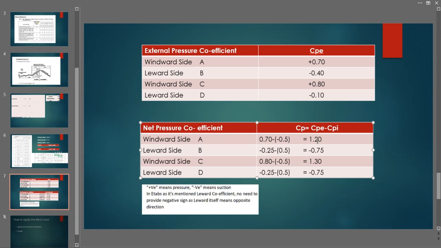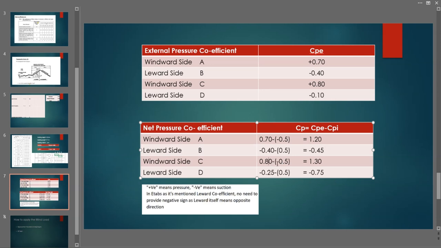And this one is minus 0.40, and after adding that you will get this value as minus 0.45.